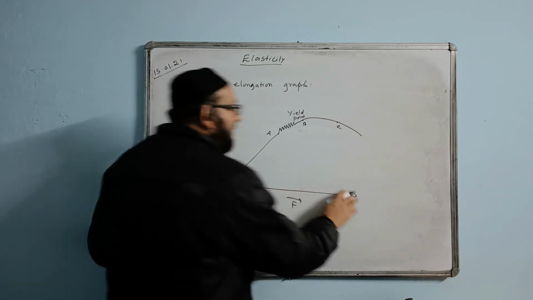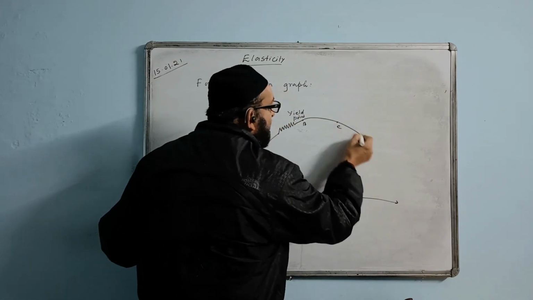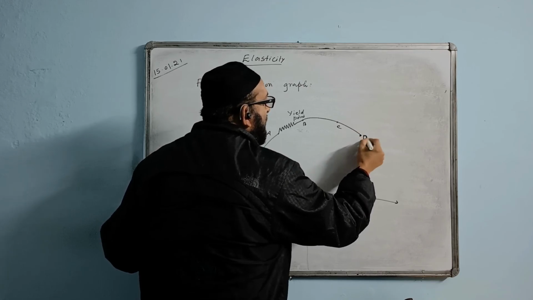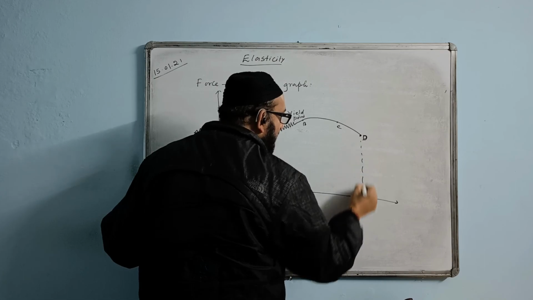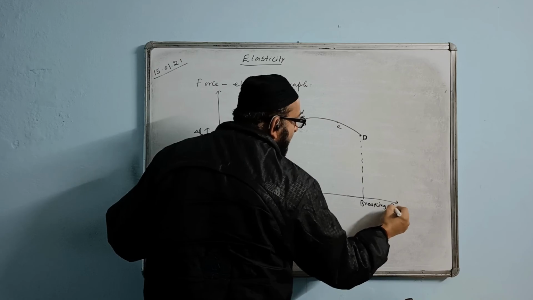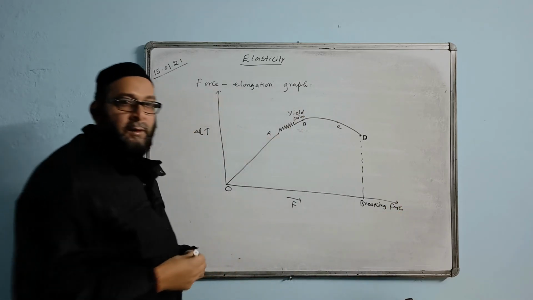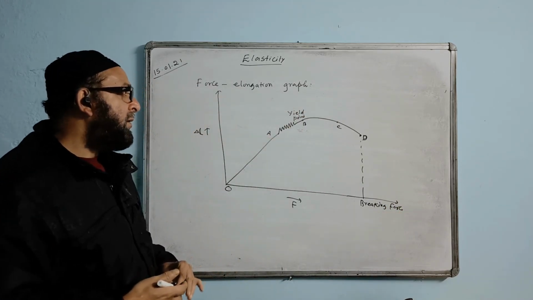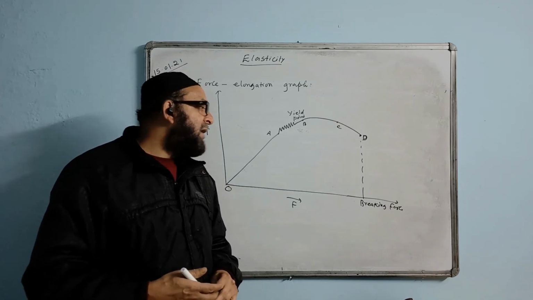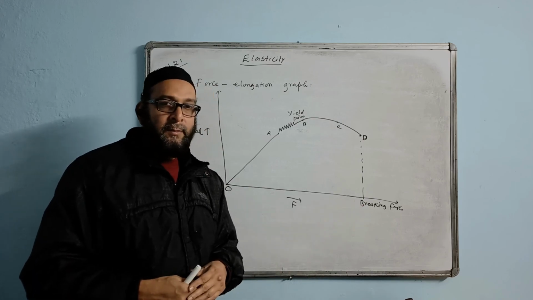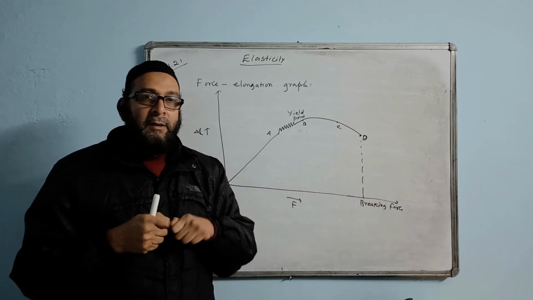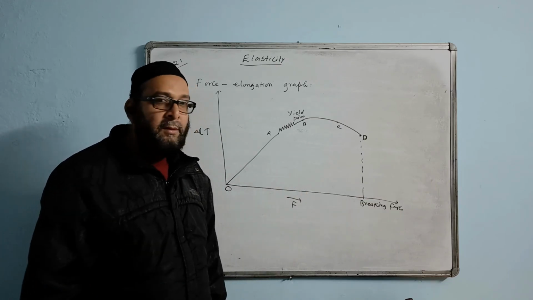On further application of force, the body will break. This is the force at which the body breaks, called the breaking force. After the body becomes plastic, there is a very high chance that it breaks. If you stretch a rubber cord too much, it will break.